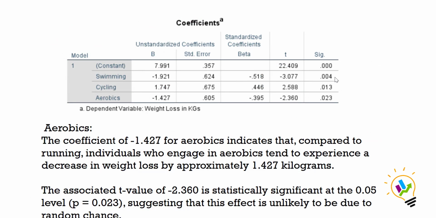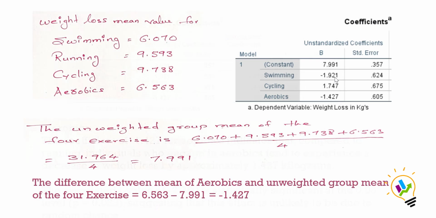Coefficient for aerobics. Now aerobics we got minus 1.427. The coefficient of minus 1.427 for aerobics indicates that compared to running, individuals who engage in aerobics tend to experience a decrease in weight loss by approximately 1.427 kilograms. This is also significant. How we got the value?